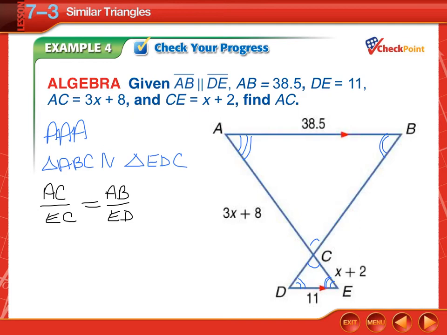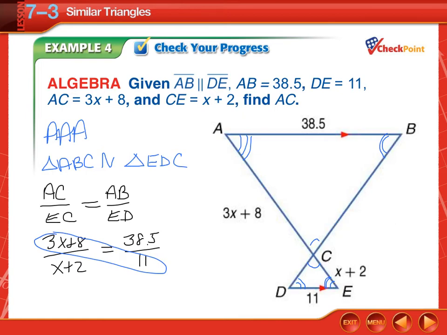Substitute. AC, 3x plus 8, is to EC, which is x plus 2, as AB is 38.5, is to 11. And we would cross multiply. All right, cross multiply here, and I get 33x plus 88 equals 38.5x plus 38.5 times 2 would be 77.